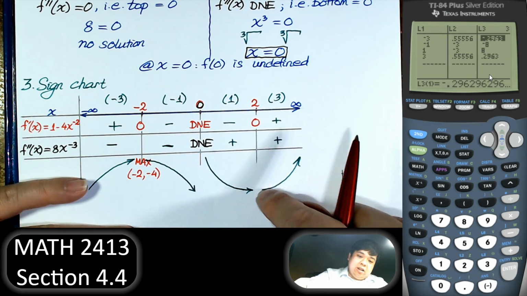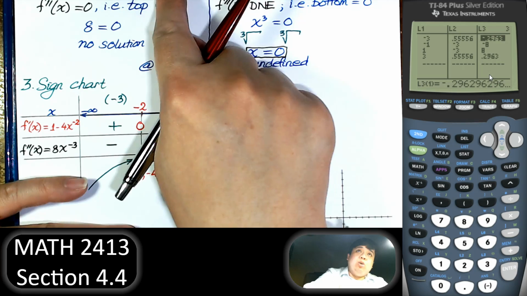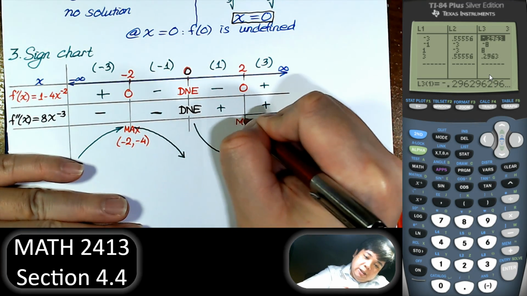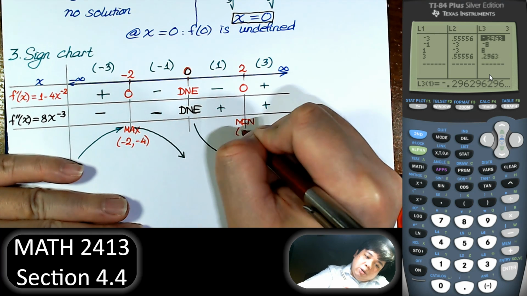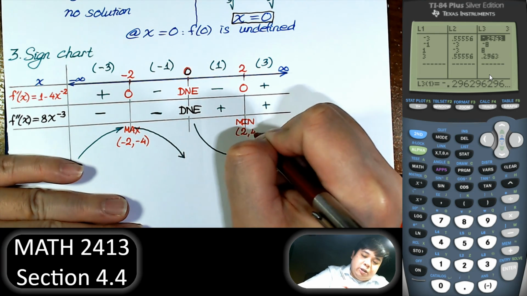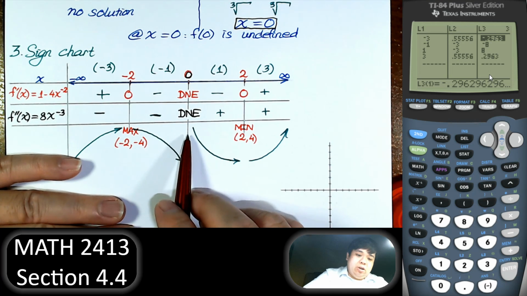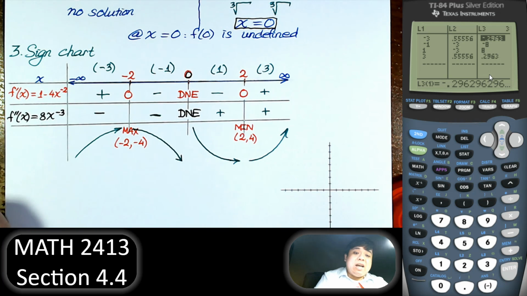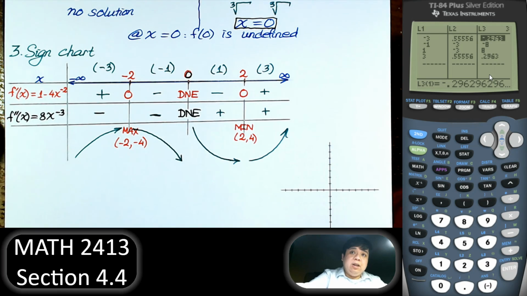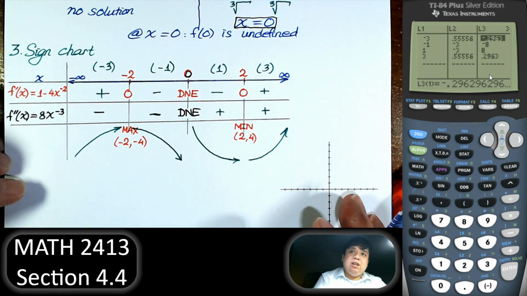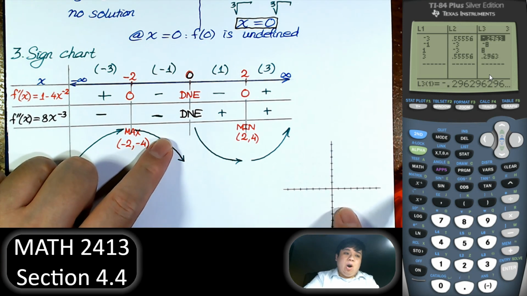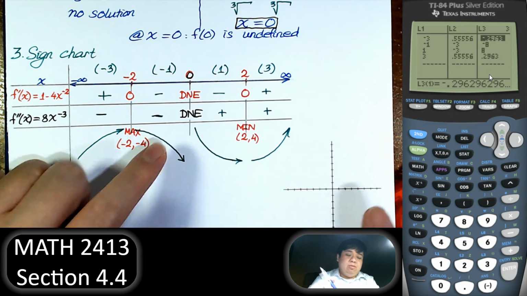And when it goes like this, and the function is defined when x equal to 2, y equal to 4, so we do have the minimum here. X equal to 2, y equal to 4. And when x equal to 0, it is undefined. So if it's undefined, we will test if potentially it is an asymptote or not. So it is the vertical asymptote, right? Because if the point happens in the middle, it cannot be the horizontal asymptote. Horizontal asymptote will be on the end though.